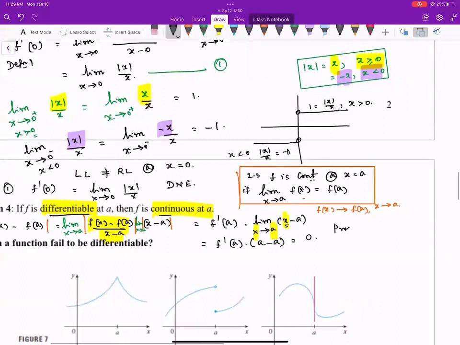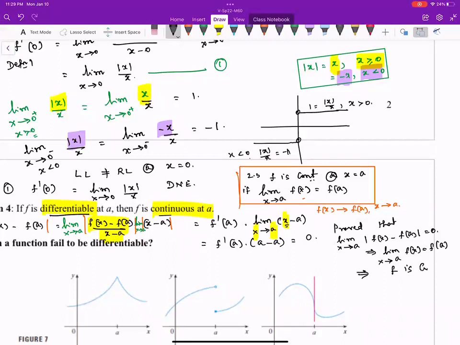We have proved that the limit as x approaches a of f of x minus f of a equals 0. This means the limit of f of x is nothing but f of a as x approaches a. This shows that f is continuous at x equal to a.